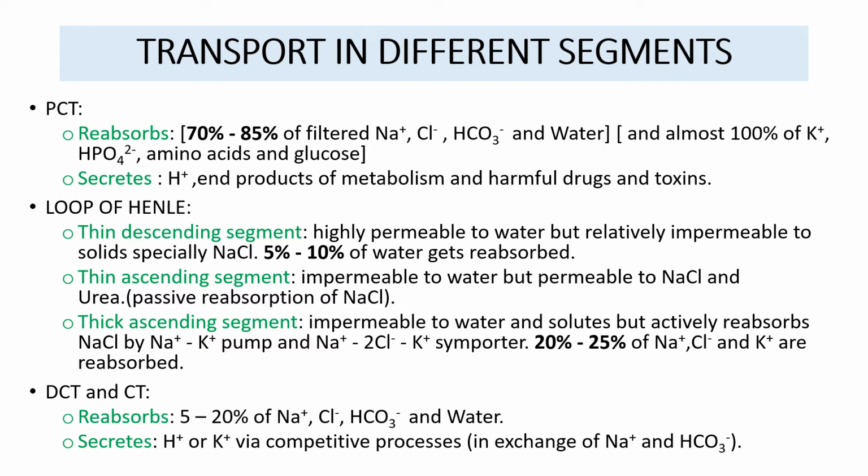Coming to loop of Henle, it is divided into three portions: thin descending segment, thin ascending segment, and thick ascending segment. Thin descending segment, this portion is highly permeable to water but relatively impermeable to solutes, especially NaCl. So 5 to 10% of water gets reabsorbed in this portion. Thin ascending segment is impermeable to water but permeable to NaCl and urea, and here there is passive reabsorption of NaCl via the tight junctions.